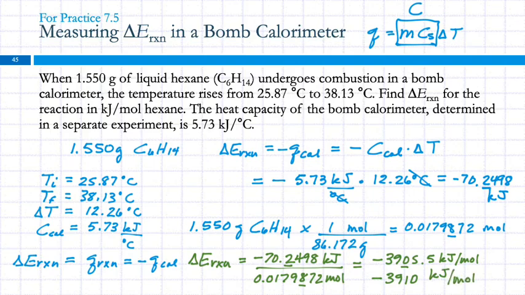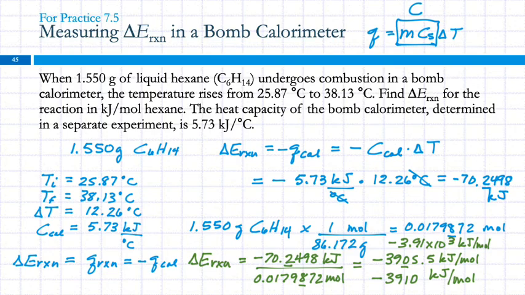Or, I'll squeeze it in up here, minus 3.91 times 10 to the third kilojoules per mole. If I put this number in scientific notation, I'm saying the 3.9, and I'm going to stop here, so that rounds up to 1. And then times 10 to the, and I look, how many places do I move the decimal? 1, 2, 3, 10 to the third.